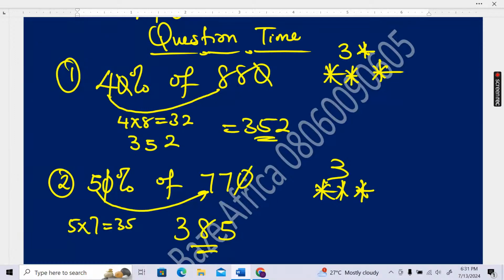So let me know in the comment section, how many stars do you have? Do you have 3 or 6 stars? Let's know the number of stars you have in the comment section. And if you don't have stars at all, never mind, you will get stars for yourself next time.